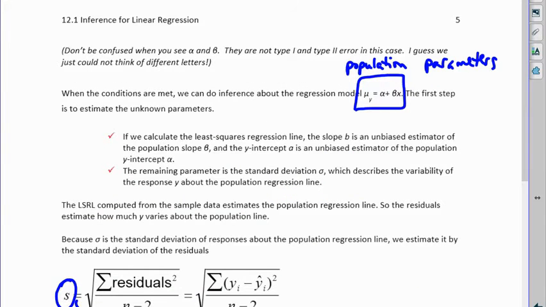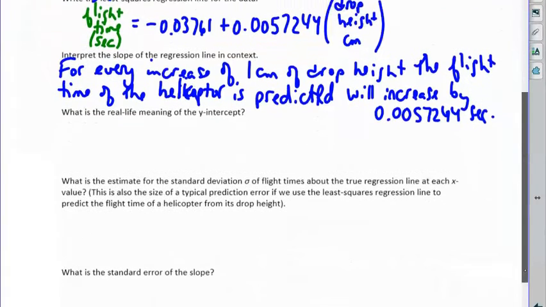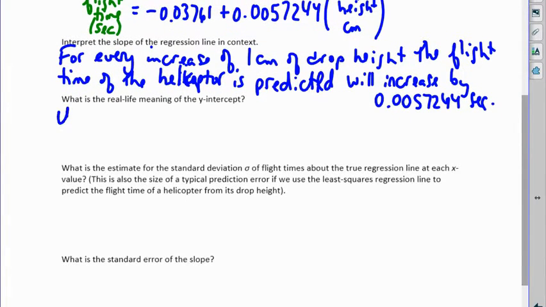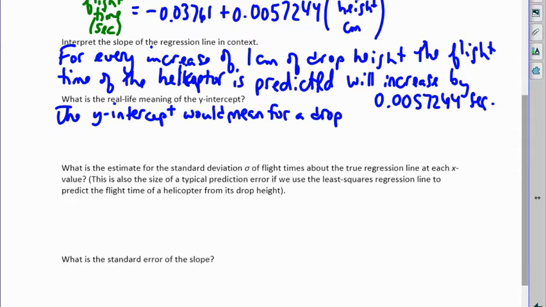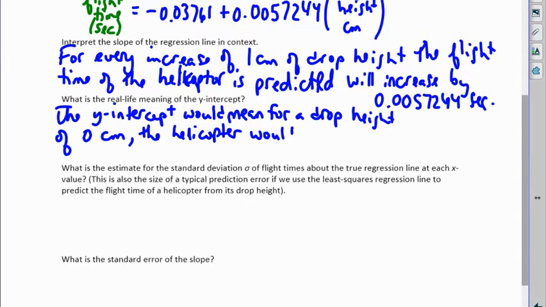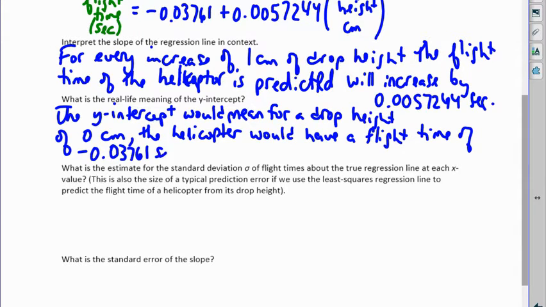So going back to here where I'm going to write down that the y-intercept would mean, for a drop height of 0 centimeters, the helicopter would have a flight time of negative 0.03761 seconds.